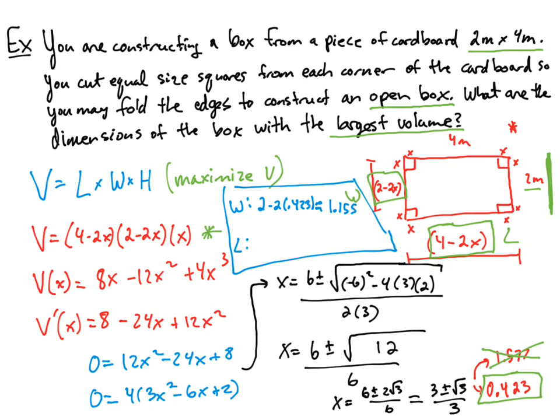And then for the length, we're going to say 4 minus 2 times 0.423, and that gives us about 3.155. So those are the two values for the length and the width that will maximize this box. So what did we find? We find the length and the width, and then the height of the box is just this x value down here that we calculated.